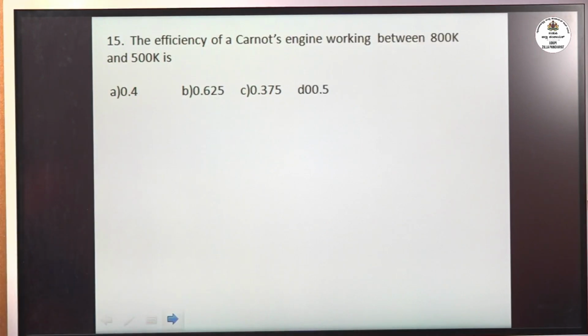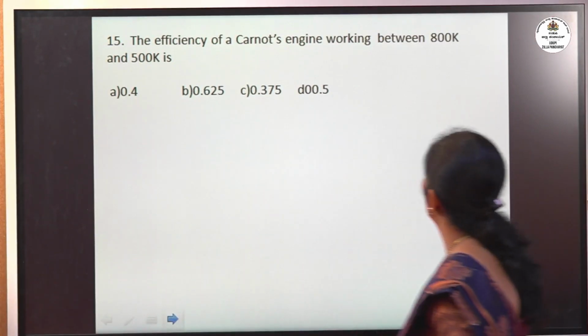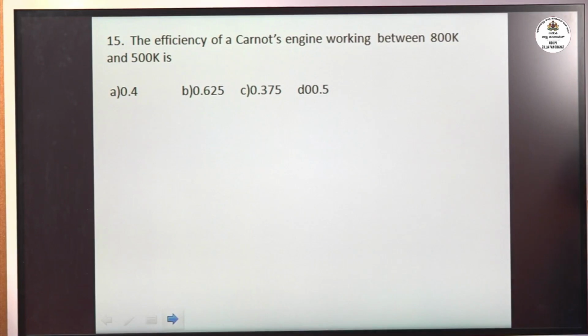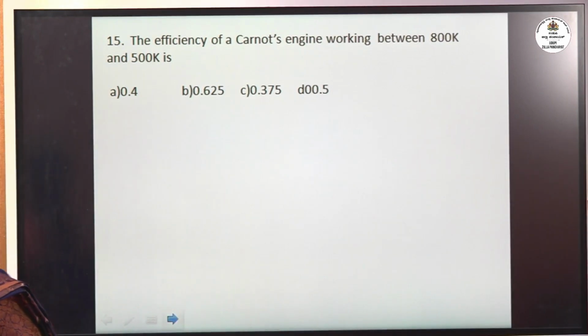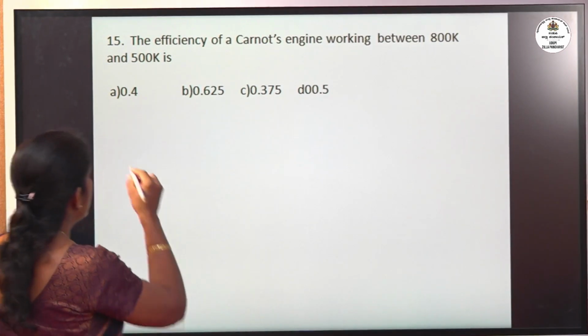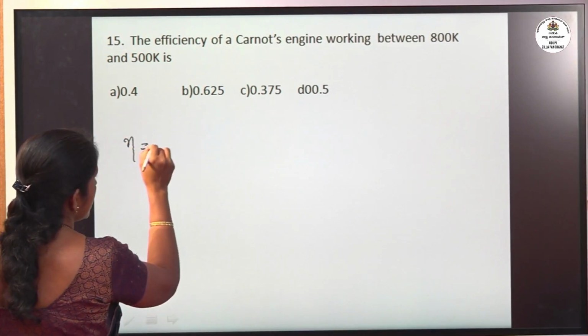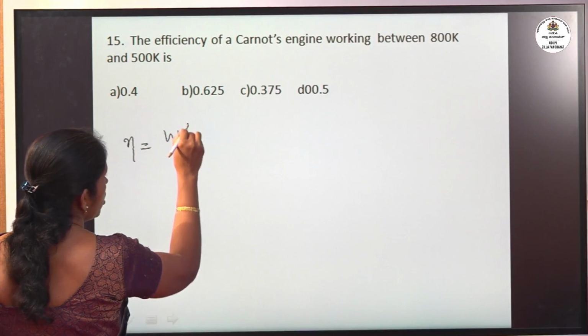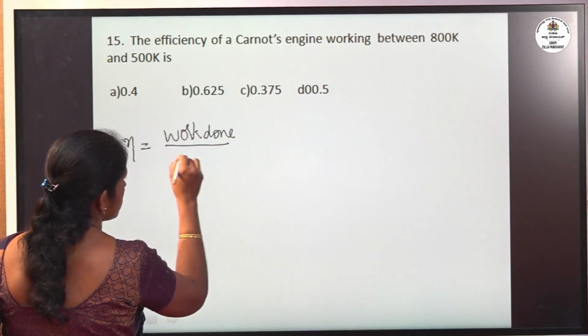The next question is question number 15, that is, the efficiency of a Carnot engine working between 800 Kelvin and 500 Kelvin is. Efficiency of a Carnot engine is defined as the ratio of the amount of work done to the amount of heat absorbed.